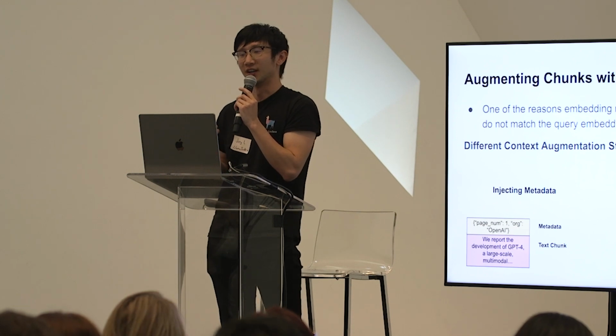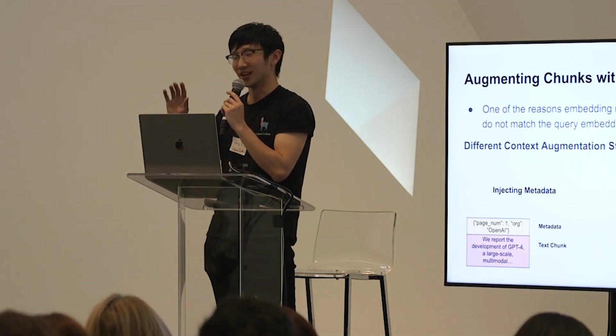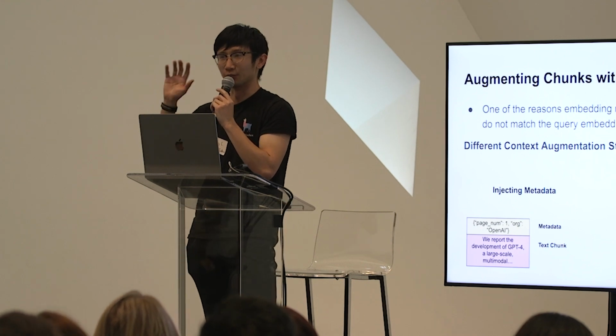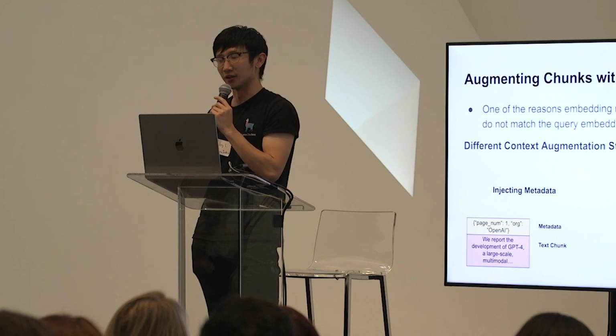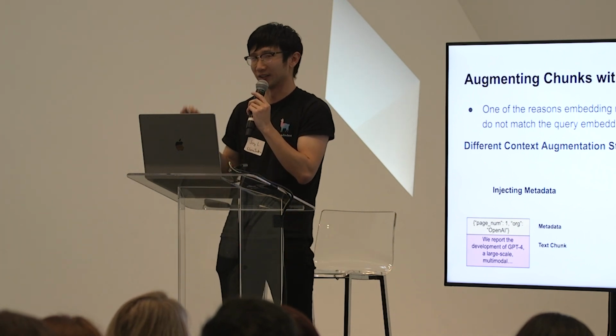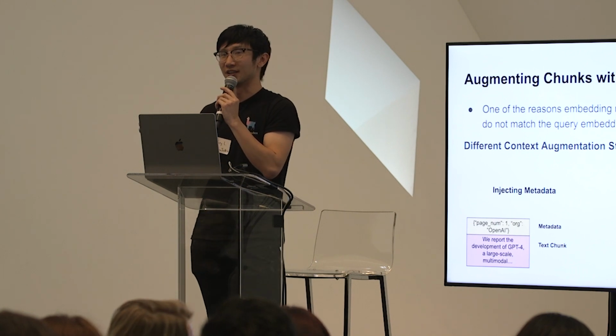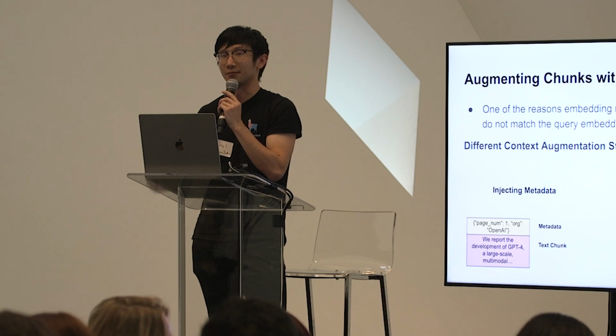I could imagine that as the months go on, there will be some best practices, like for PDFs, you generally should put page numbers and the title in there. But right now it is very data specific. PDFs, page numbers definitely, the title definitely, but other stuff is probably specific to the problem statement that you're trying to solve.